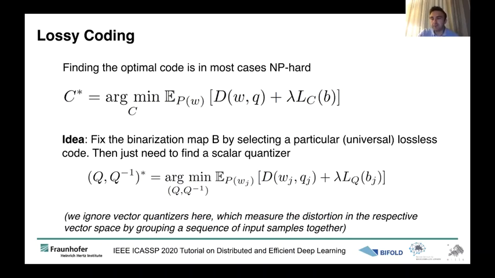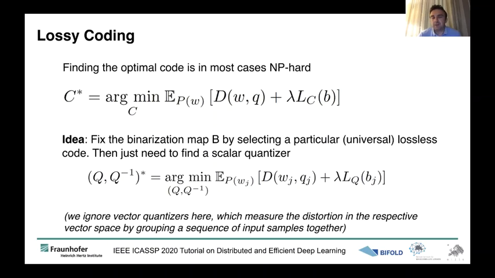Okay, so this was the lossless part, an introduction into standard source coding. Thinking about the lossy coding part, or maybe one step back, we had this problem of rate distortion optimization, where we wanted to find a code which minimizes the expected rate distortion term. Finding this optimal code is in most cases NP hard.